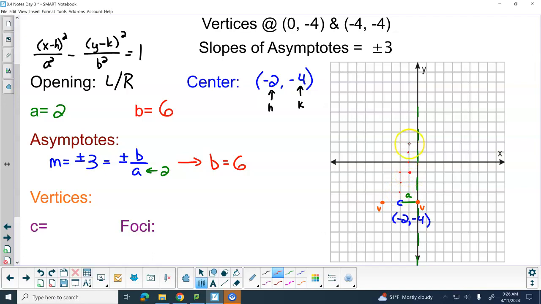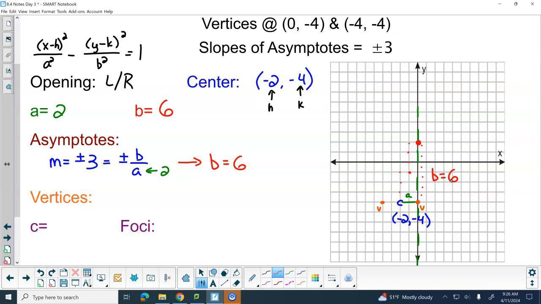Up 3, right 1, and that's where we hit that wall. So that's where that line is, that's where it's got to be. So then we count 1, 2, 3, 4, 5, and 6. So b has to be 6. That's the other way of doing it, if you've got a graph.